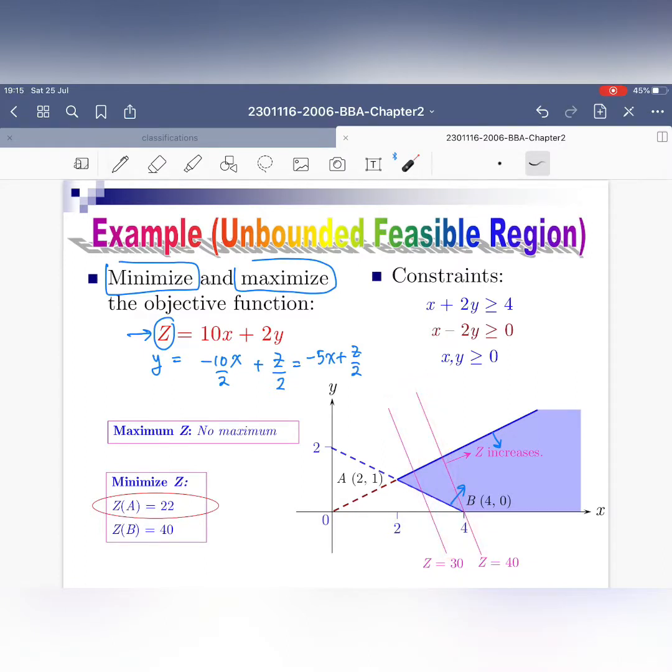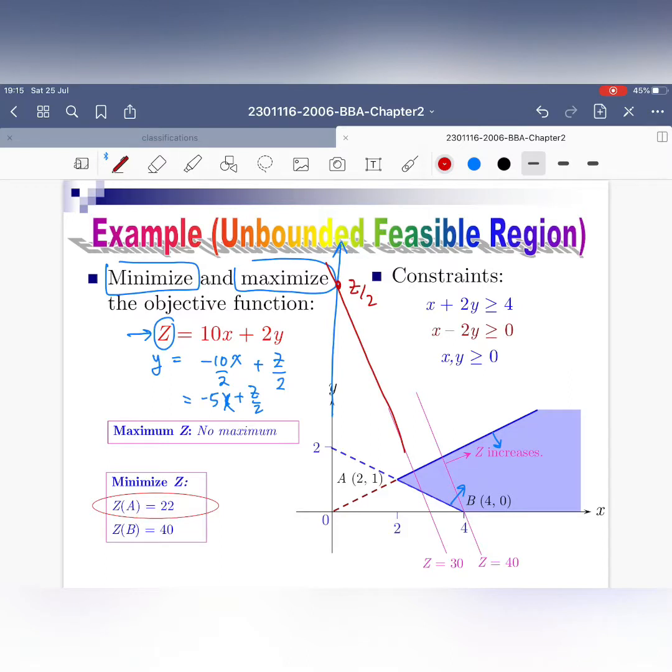So what does this mean? Let me just draw it here. This is negative 5x and z over 2. As you continue your line along the y-axis, this one will be your z over 2.